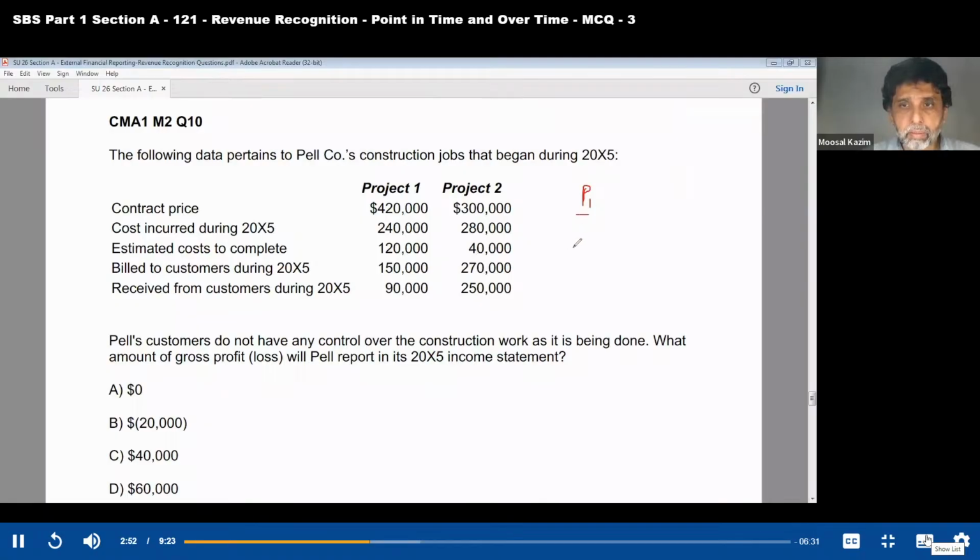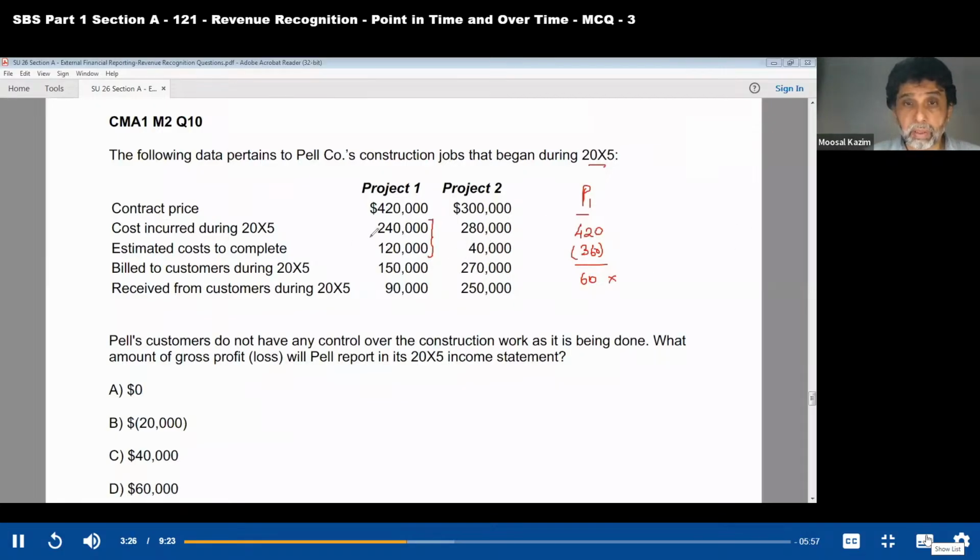The profit is going to be 420 minus the cost incurred during 2005, which began in 2005, plus the estimated cost to complete the project. So the total cost would be 360. The profit is going to be 60, but it's over time. We'll apply the percentage method, right?